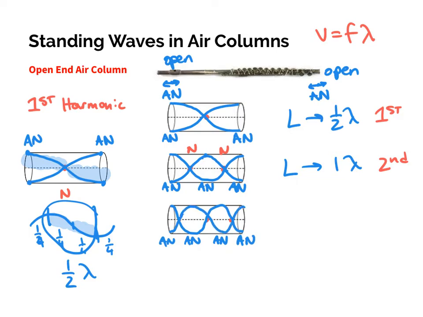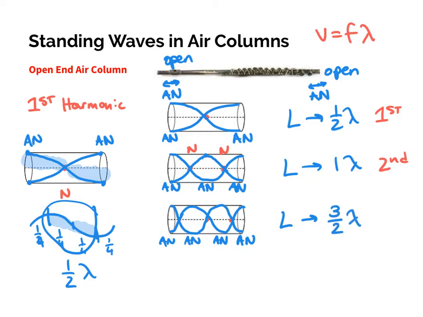In terms of the wavelength, this is a little trickier to understand, but you have here 1 complete wave, and then a quarter here and a quarter here. So technically you have 1.5 waves. So within this length, you have 1.5, which I'm going to write as 3/2.